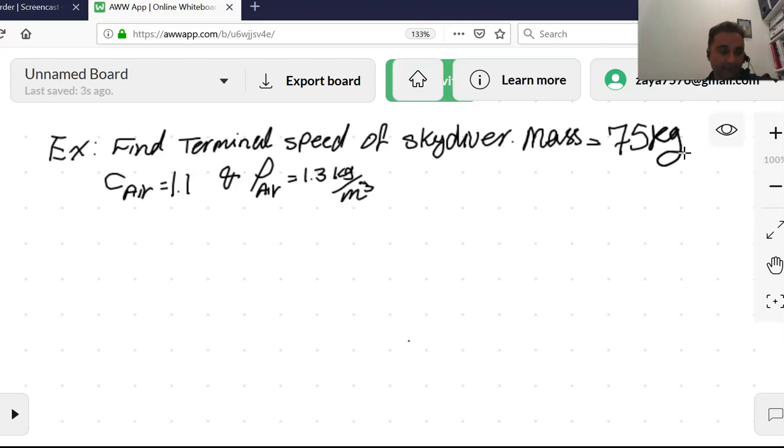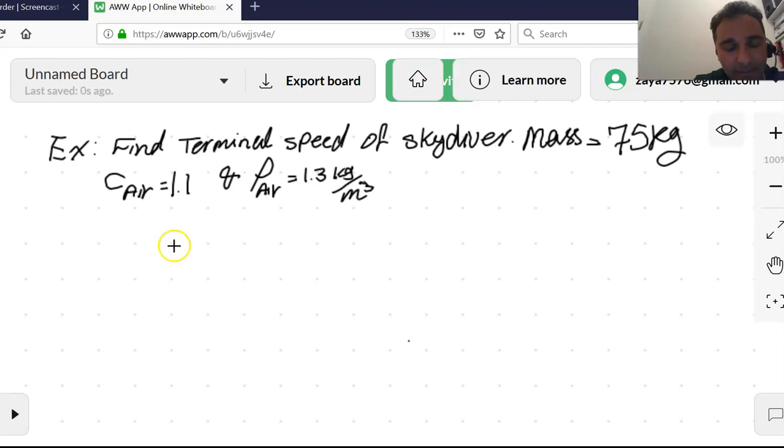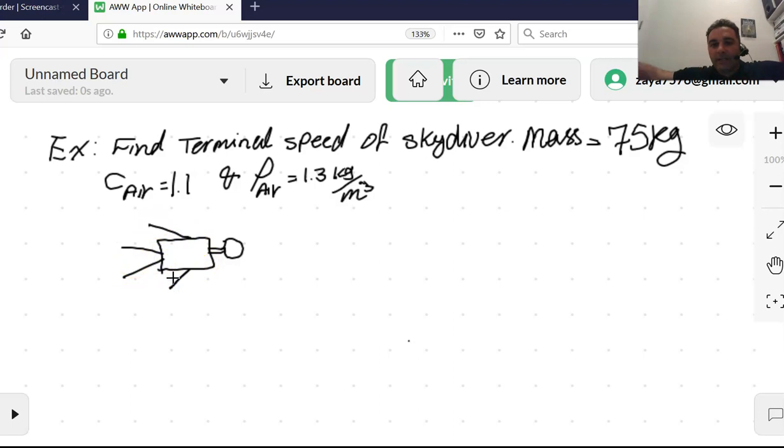Usually the average mass of a human is 75 kilogram. So let's see what I can do. So guys, imagine this is a person, okay, who is in the air and has already dropped himself.